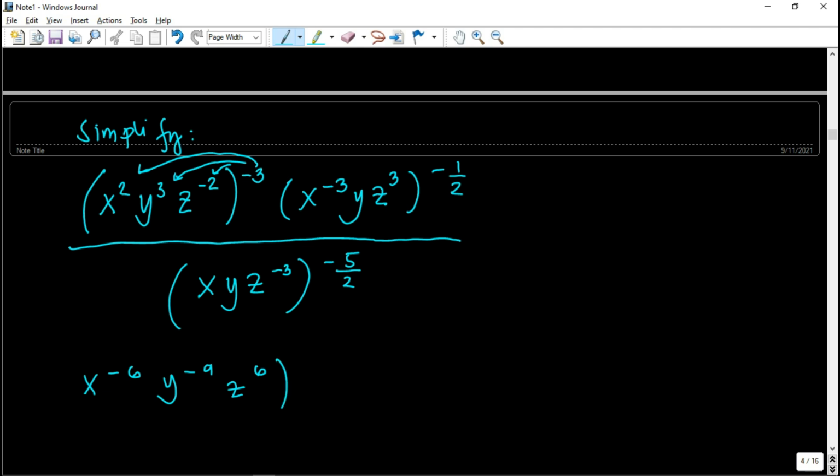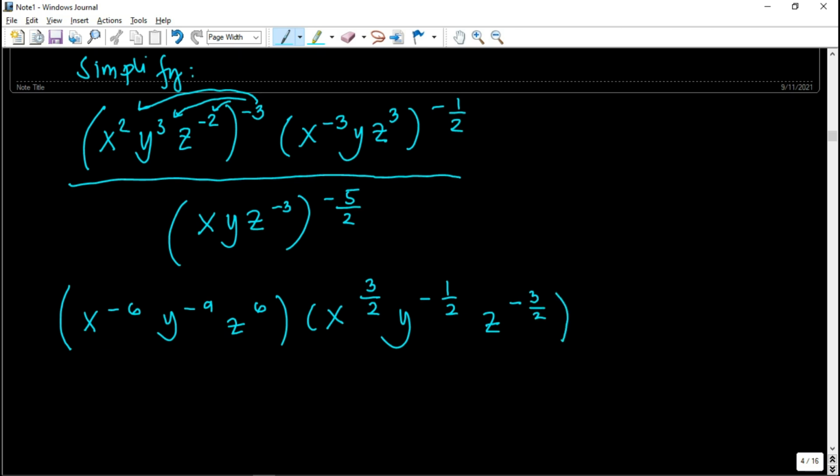Let's put parentheses. Next is this: x raised to negative 3 times negative 1/2, that is 3/2. y raised to 1 times negative 1/2, so that is just negative 1/2. Then z raised to 3 times negative 1/2, that is negative 3/2.